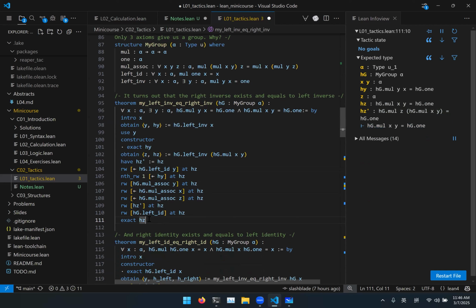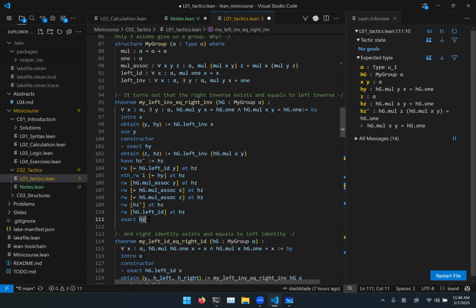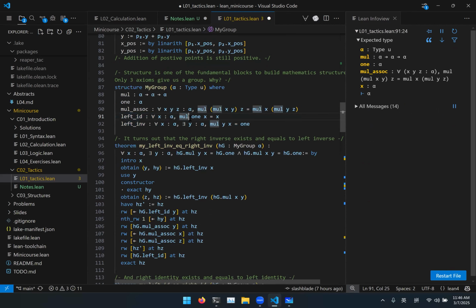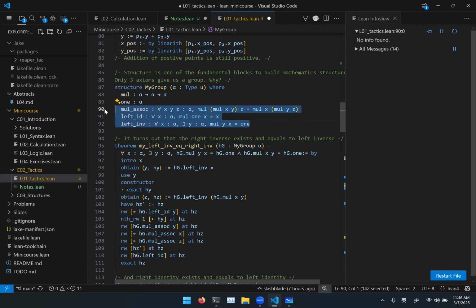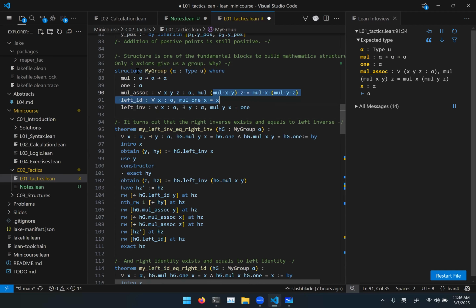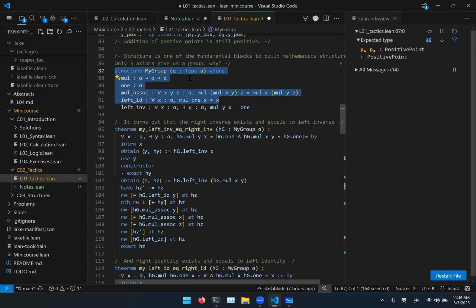So this is a simple demonstration of how you can use a set of minimal axioms on a structure, and use the additional theorems to derive more lemmas, more consequences of these axioms, and then starting from this, you actually construct a theory in mathematics. Everything in group theory is derivable from this MyGroup structure.